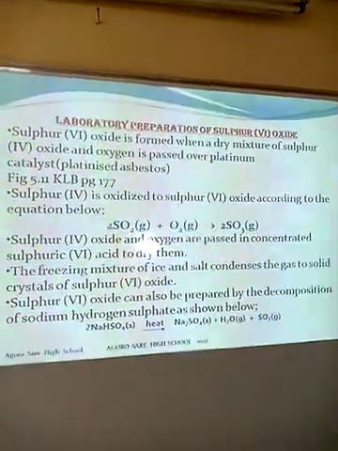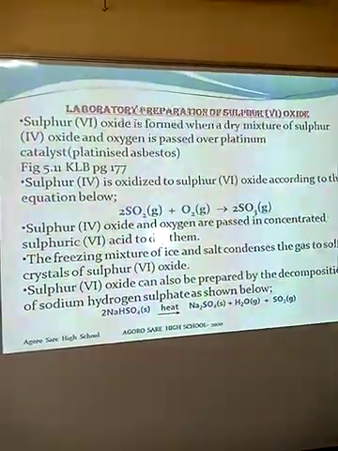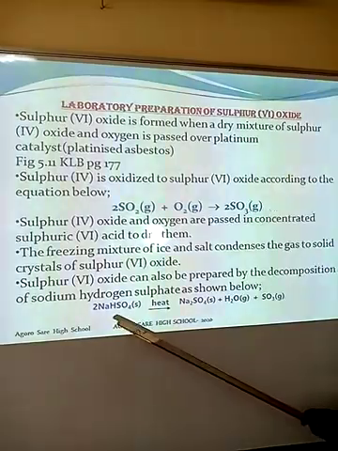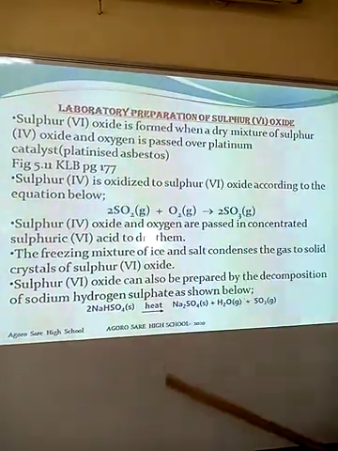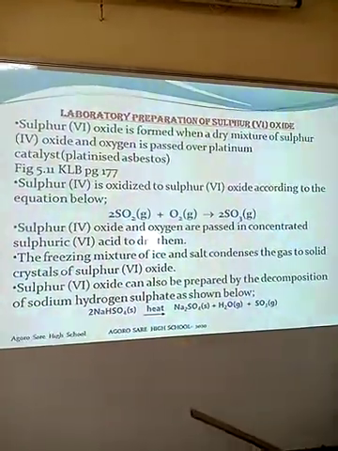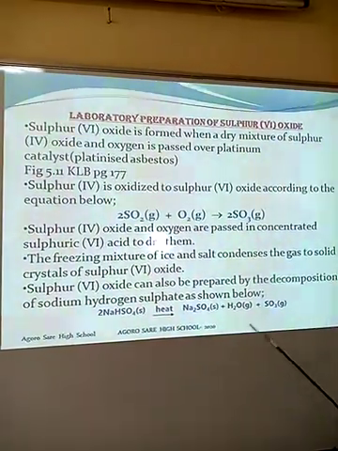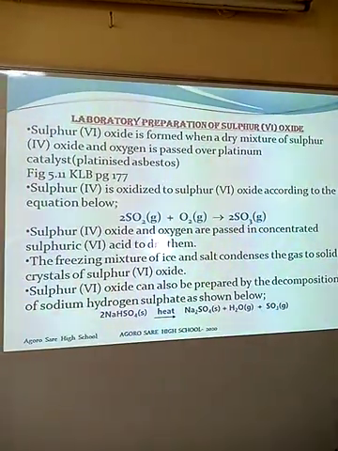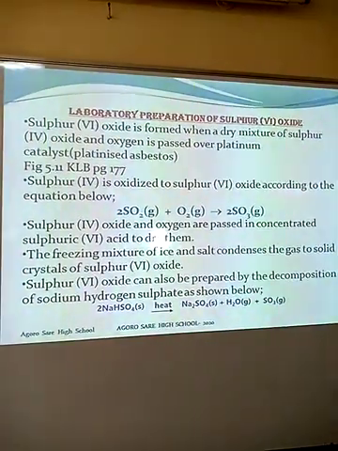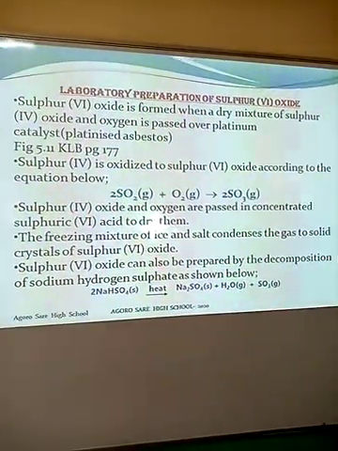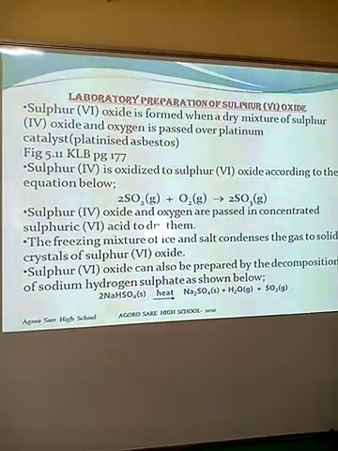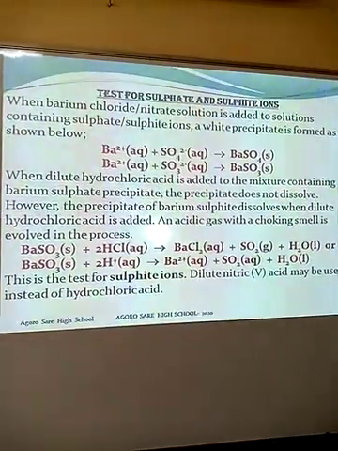Another way of preparing sulfur 6 oxide is through thermal decomposition of sodium hydrogen sulfate. If you heat it strongly, it decomposes to form sodium sulfate, water, and sulfur 6 oxide. As I told you, sulfur 6 oxide cannot be collected using the water method. Use downward delivery or upward displacement of air.